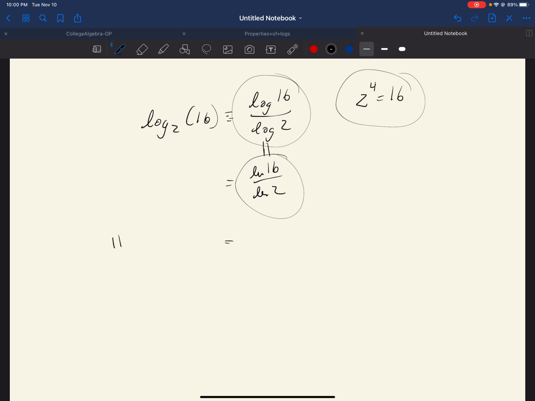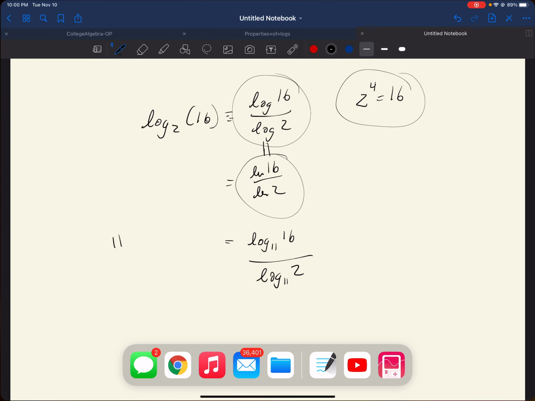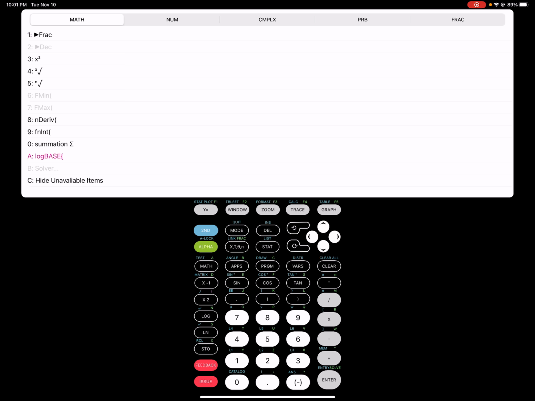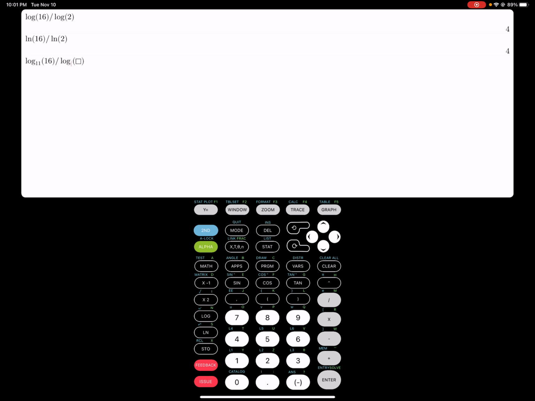So I could say this is log base 11 of 16 divided by log base 11 of 2. Let's see if that works also. Go to the calculator. Log base 11, not 111, but 11 of 16 divided by math, go to A, log base 11 of 2.